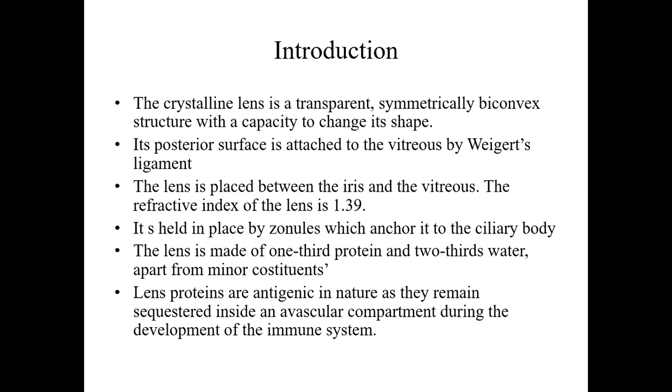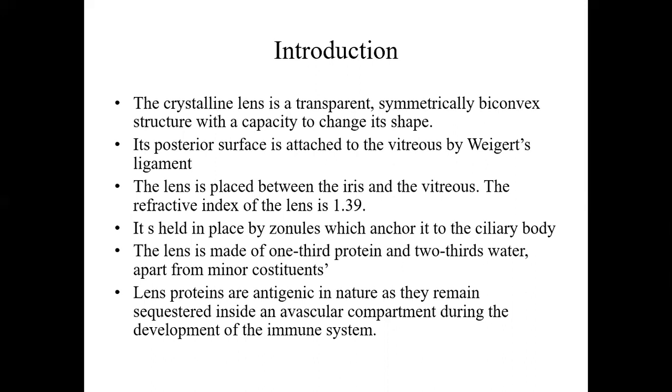That means when the immune system develops, it won't recognize those antigenic proteins, because they are always covered inside an avascular compartment, with no vessel supplying the lens. The lens gets its nutrients by other means, from the vitreous and aqueous humor.